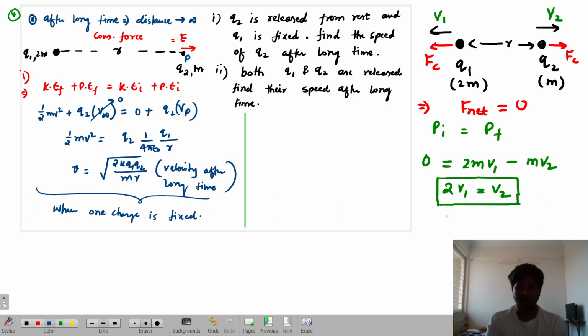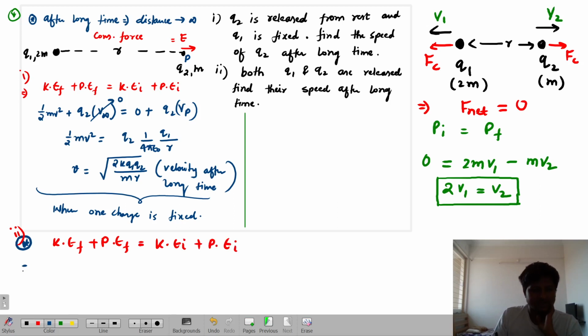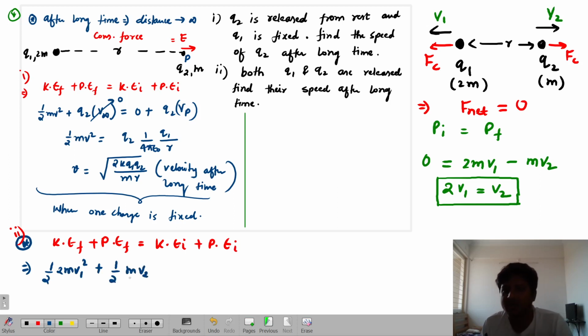But still the answer hasn't come. Now we will apply the work energy theorem. Kinetic energy final plus potential energy final is equal to kinetic energy initial plus potential energy initial. So final kinetic energy is half into twice m into v1 square, plus half m v2 square, since both have kinetic energy.